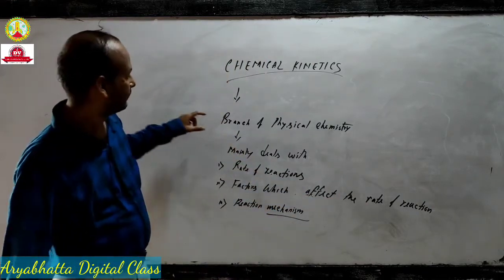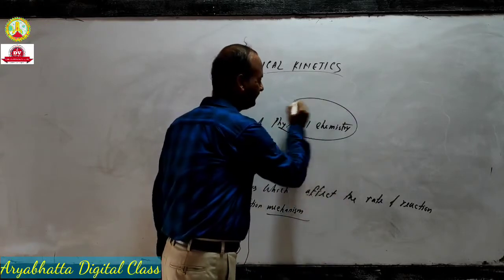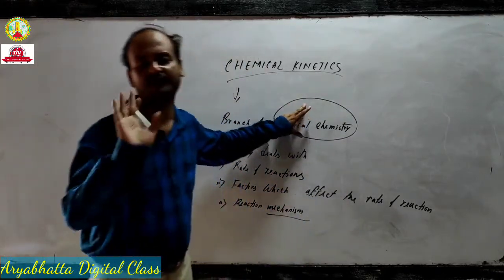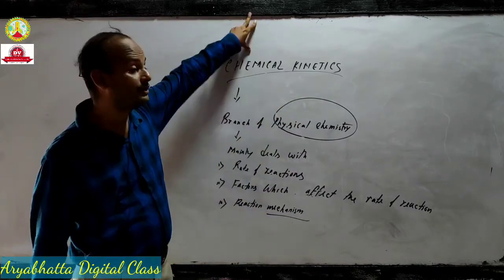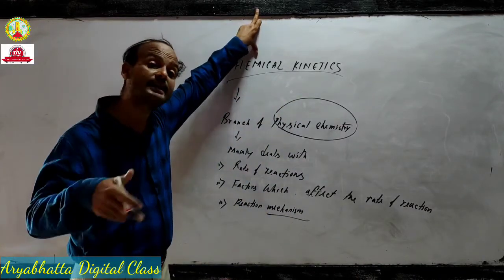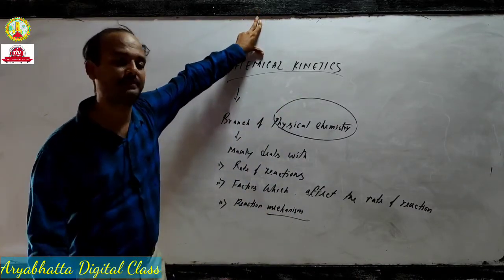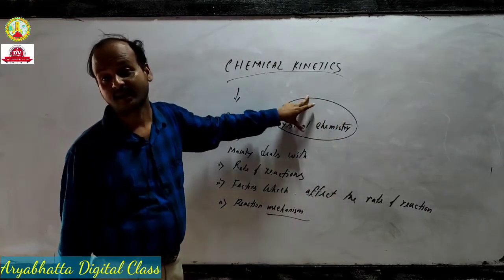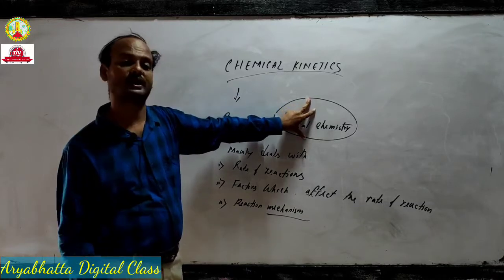Now, the main objective of physical chemistry is to understand how chemical reactions occur. Again I repeat, the objective of physical chemistry is to understand how a reaction occurs.